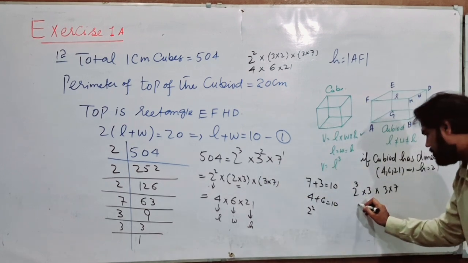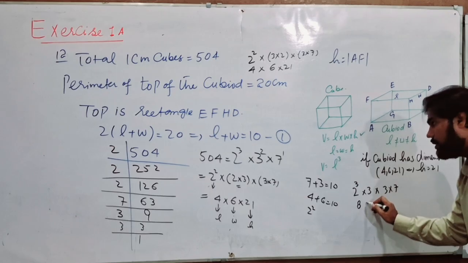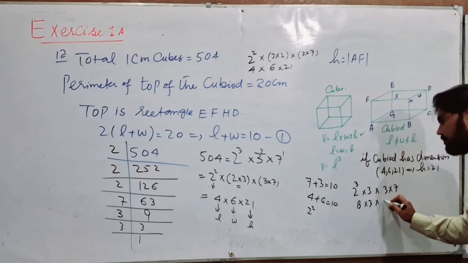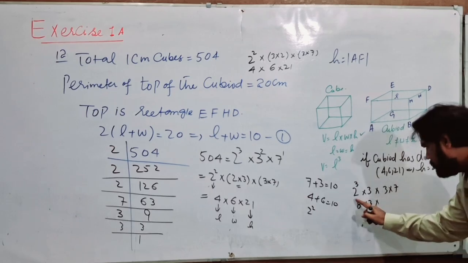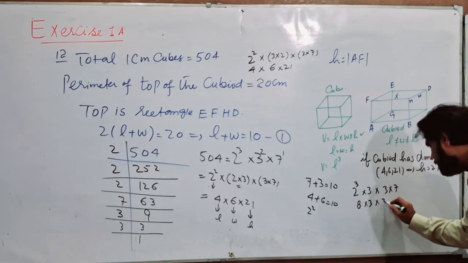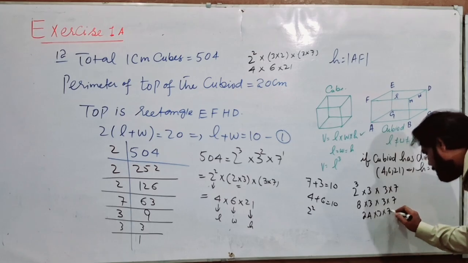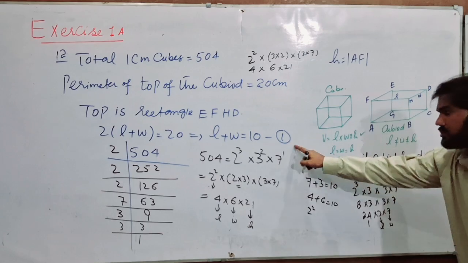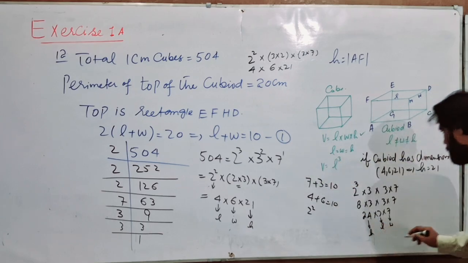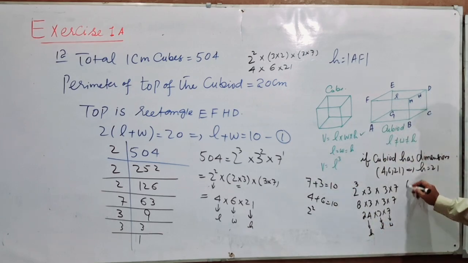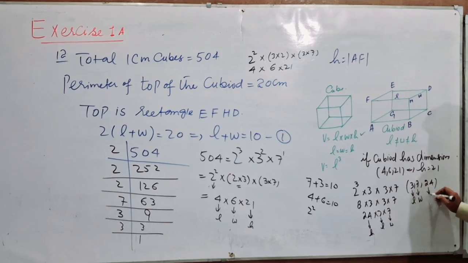This becomes 2 cube is 8, 8 threes are 24, so 24 into 3 into 7. If this is my length and this is my width, L plus W is 10, and this will be my height. The second possibility: the dimensions of the cuboid are 3, 7, 24. This is length, this is width, this is my height.